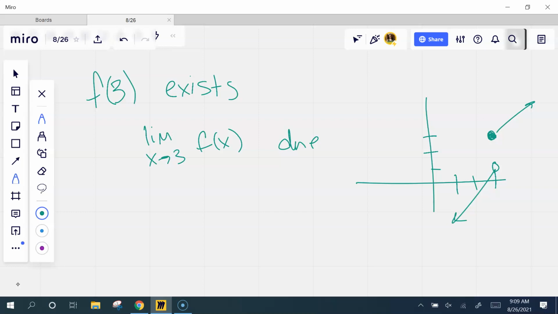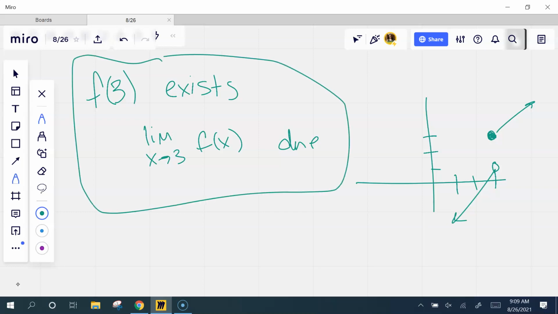This is just what I asked you: draw a graph where f of 3 is defined, it exists, but the limit does not exist. Why does the limit not exist there? Different values coming in from the left and from the right.